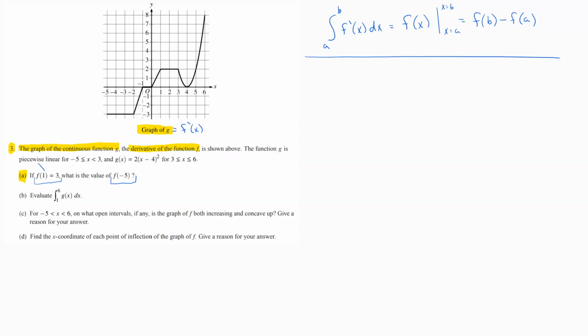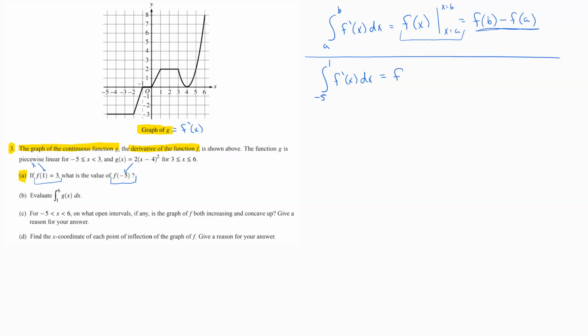So here are x values. We've got one point that they're giving us at x equals 1, and the point we're trying to find is at x equals negative 5. So our integral is going to go from negative 5 to 1 of f prime of x dx, and we're going to kind of skip over this step and go to the punchline here.